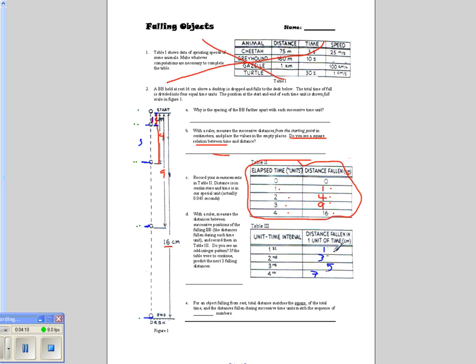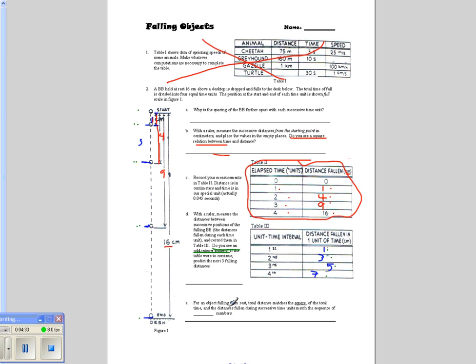All right, and looking at those numbers, hopefully you see 1, 3, 5, 7 are odd numbers. So when you see the question, do you see an odd integer pattern? You answer yes. And it says predict the next 3 falling distances, so hopefully you can predict the next 3 odd numbers.